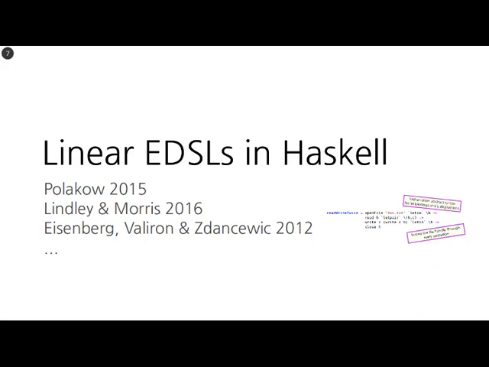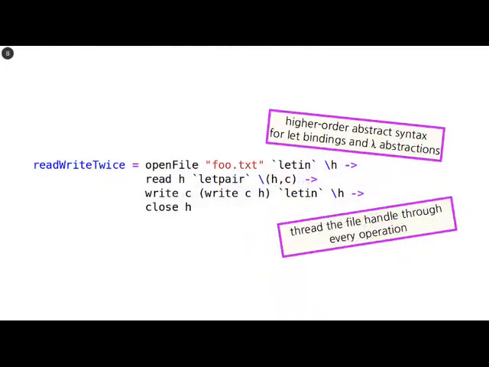This is something that we've been able to do for a few years, ever since there have been sufficient type-level features in Haskell, like multi-parameter type classes, type families, things like that. And we can write some programs in our EDSL that look maybe something like this.